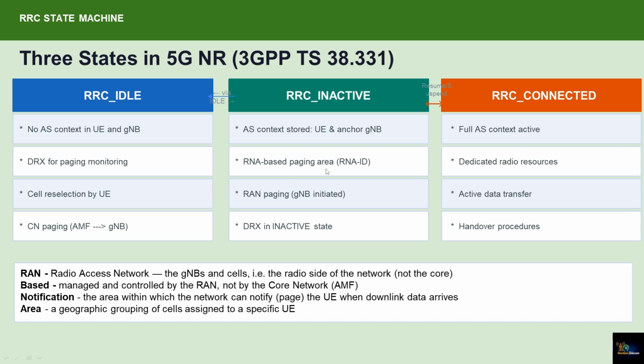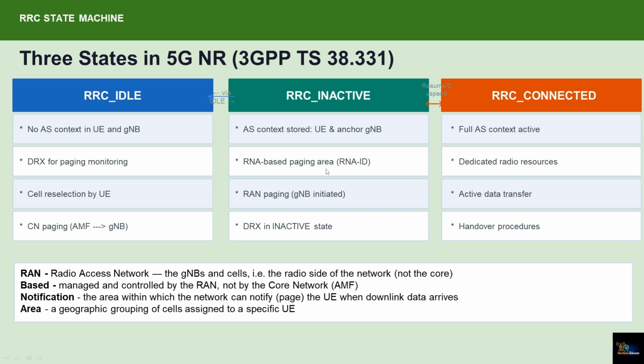So how do RAN paging IDs work? What happens when you jump out of your assigned RNA area?